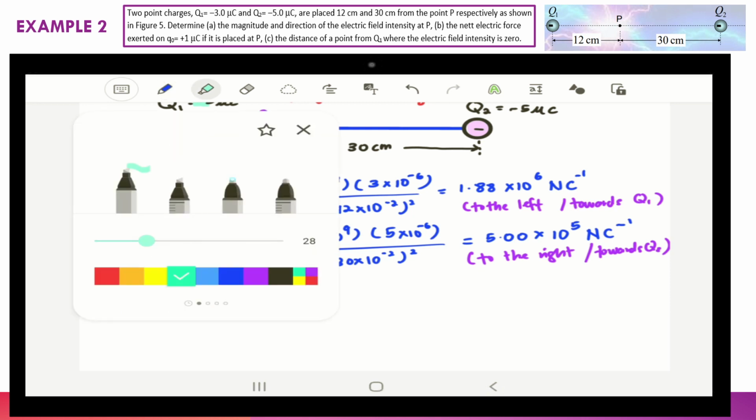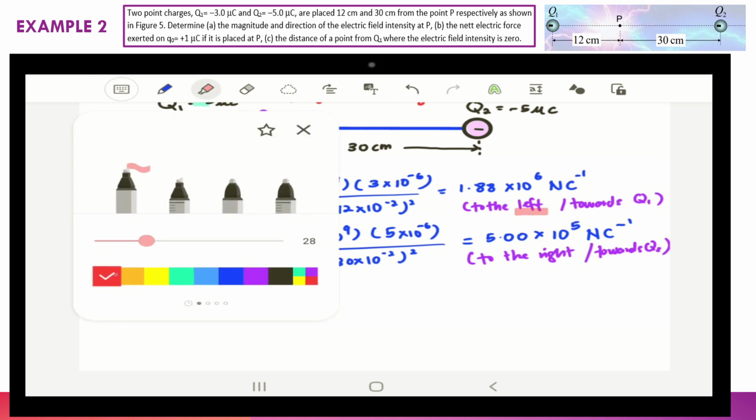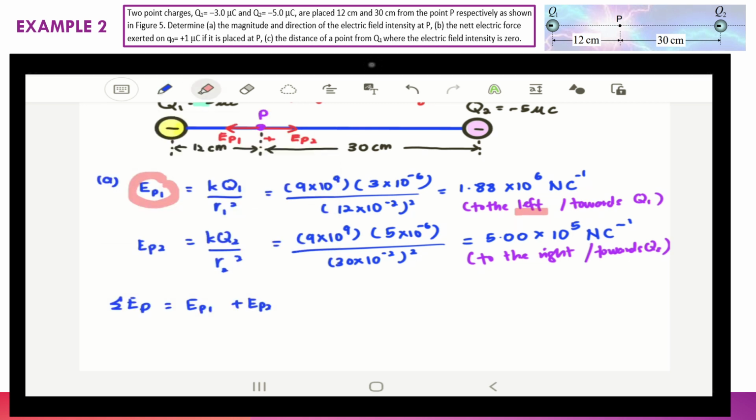Now look here. Since EP1 is to the left, we must put a negative sign here. So EP1 now is negative, because the direction is to the left. Therefore, it is equal to negative 1.88 times 10 power of 6 plus 5.00 times 10 power of 5.